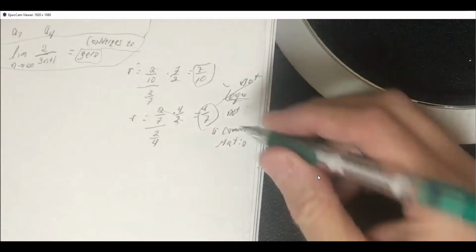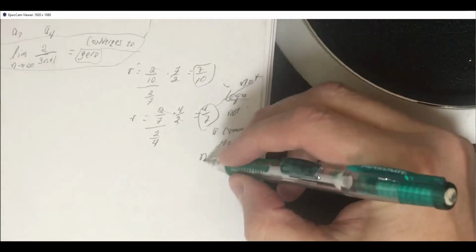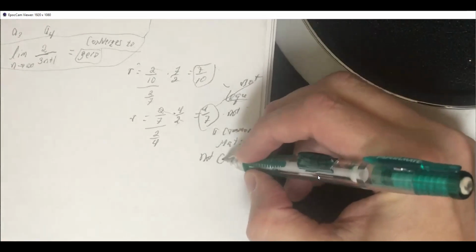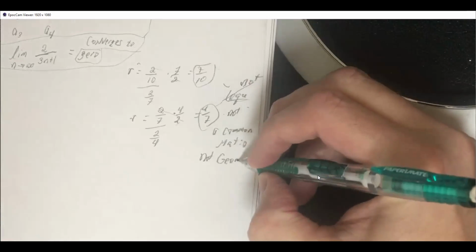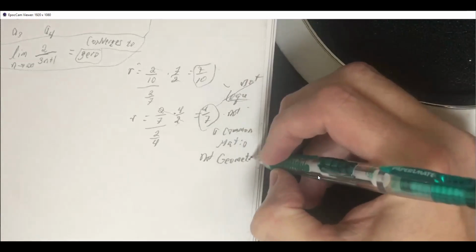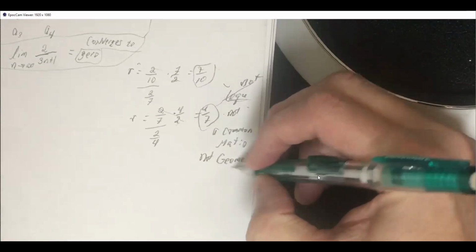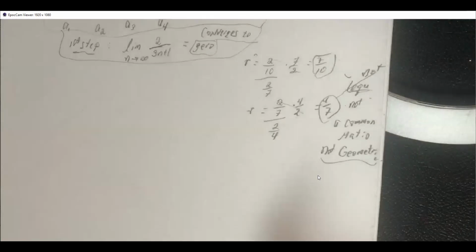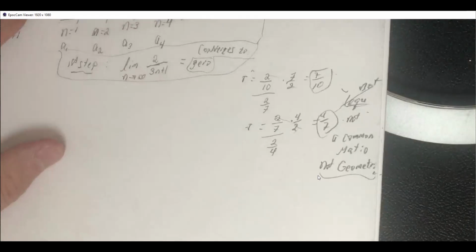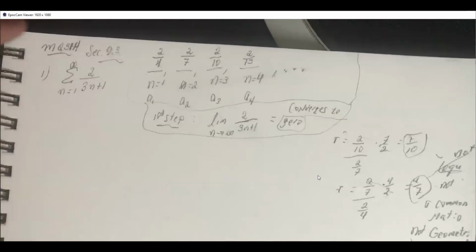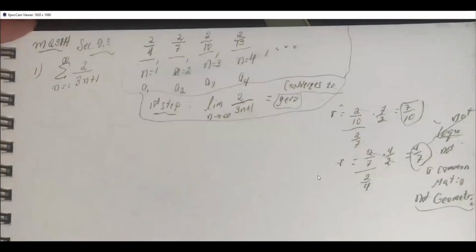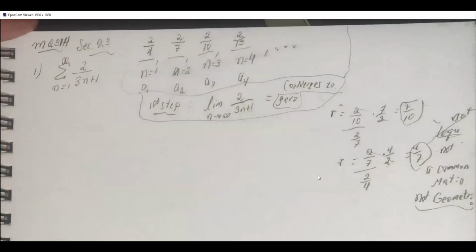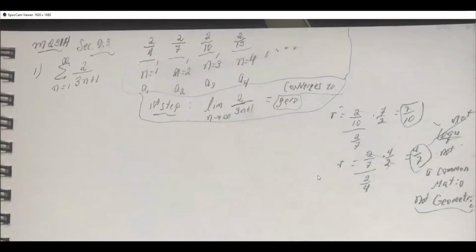So we don't have a common ratio, so it's not geometric. Okay. So we can't use the geometric series test because it's not a geometric sequence. So then what's our only test that we have learned so far? The integral series test. Good.